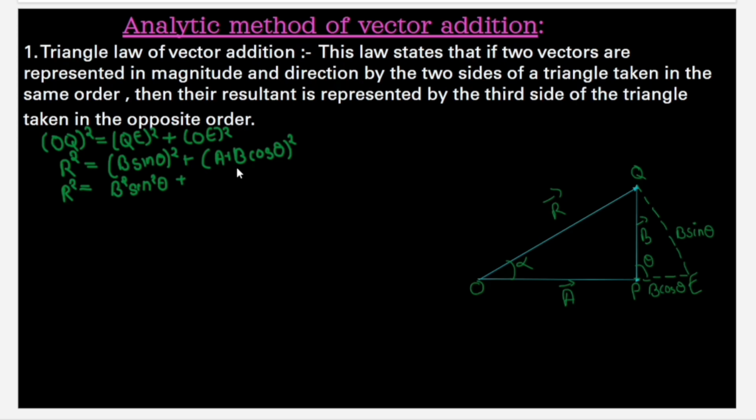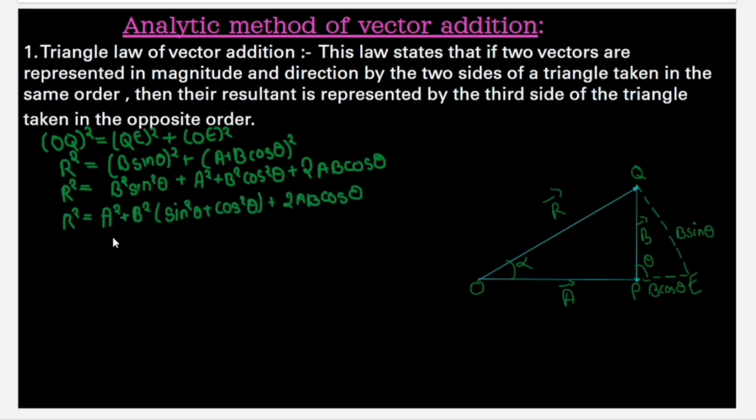Using the A plus B whole square formula, we get A square plus B square cos square theta plus 2AB cos theta. Now we take B square common and get A square plus B square into sin square theta plus cos square theta, plus 2AB cos theta, where sin square theta plus cos square theta is 1.